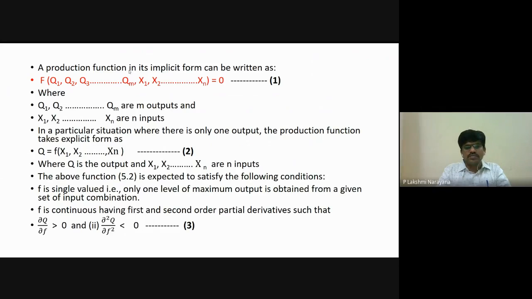F is continuous, having first and second order partial derivatives such that ∂q/∂f is greater than 0, and the second one, ∂²q/∂f² is less than 0.